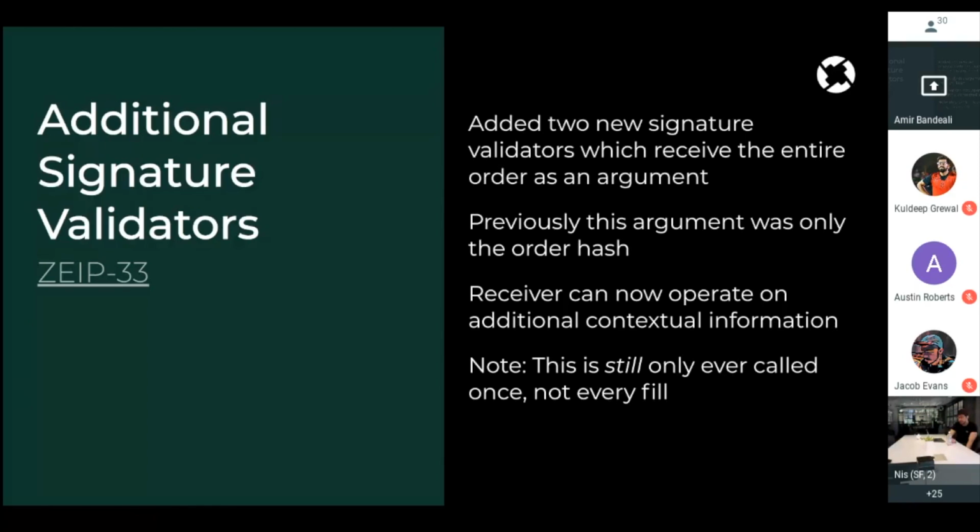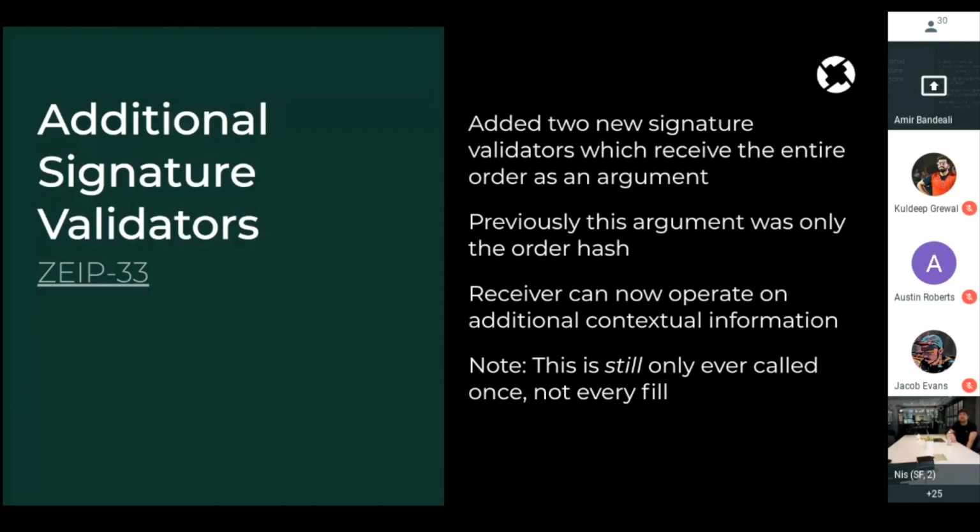So actually, that brings up another thing I forgot to cover. So there's an EIP to kind of standardize what signature verification would look like for smart contracts. I want to say it's EIP 1271. I think I added a comment on ZIP 33 pointing to this.